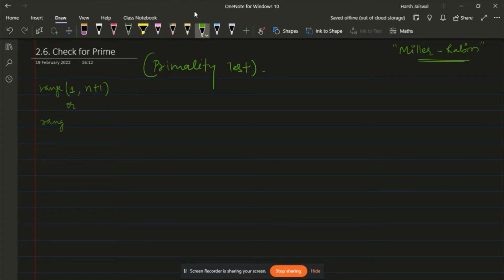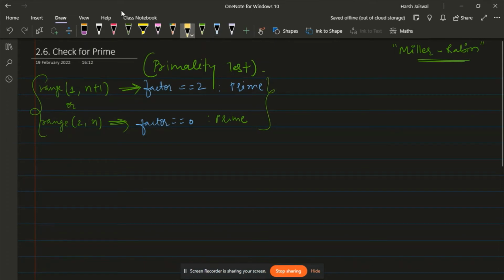So we can go from range 2 to n. Here compulsorily we're going to have two factors, so we say if the factor count is 2, then yes, it is prime. In this other case, we're going to have factors just as 0, not any factors, and if this is the case, then it is prime. So if you change the range, the condition also changes. Yes, this is a very naive algorithm for checking whether the given number is prime or not.